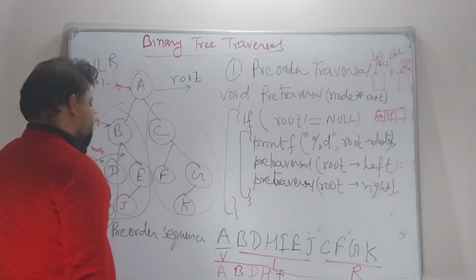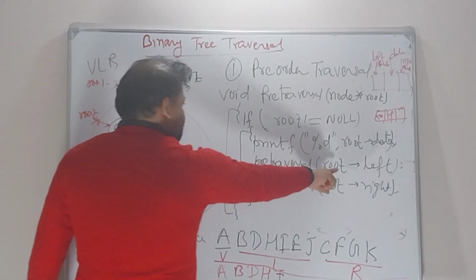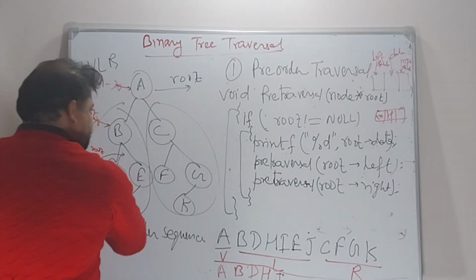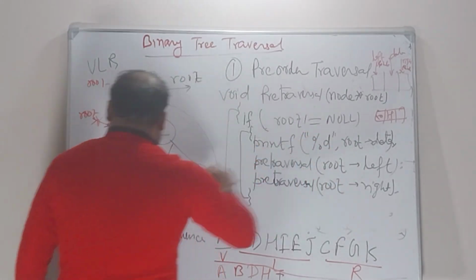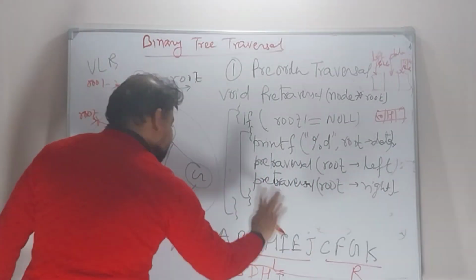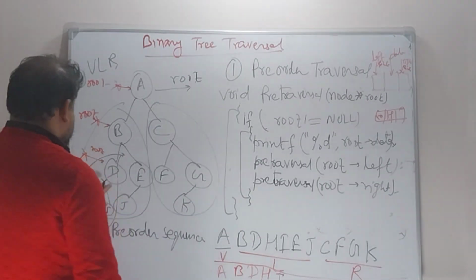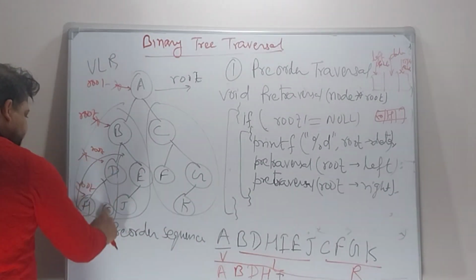Not null, so it is printed over there. After i, it will go once again to i left. In that case, i left is equal to null. So once again it will go to i right. Once again i right is null. So this will go back to the d level. So that is completely LVR.